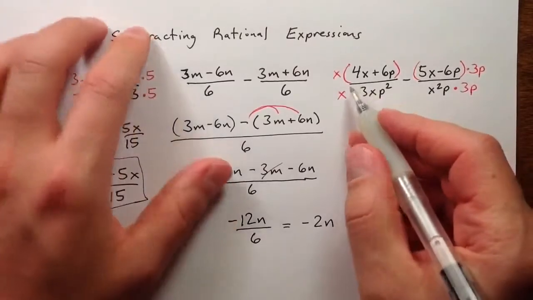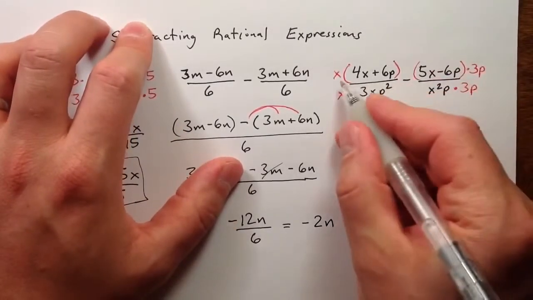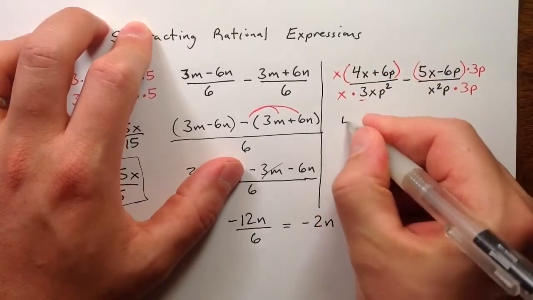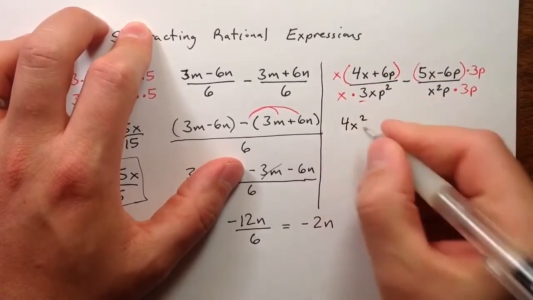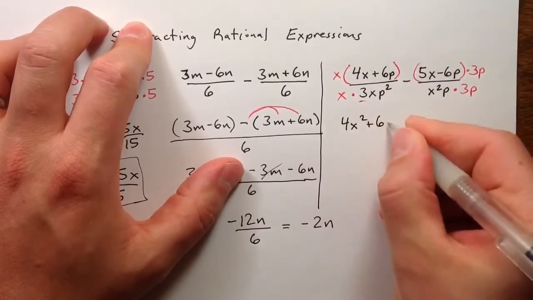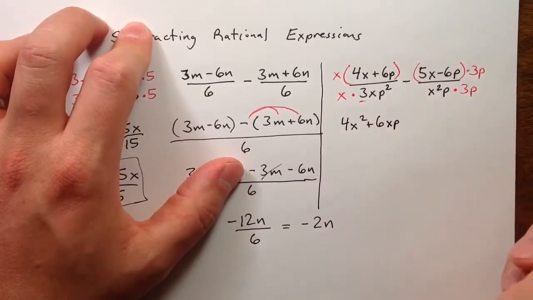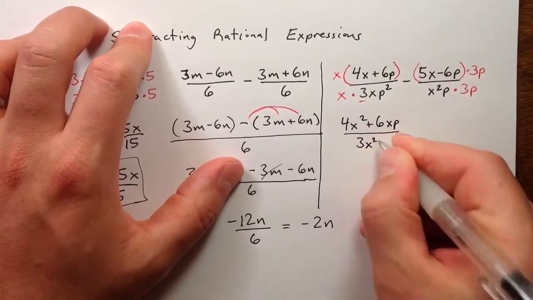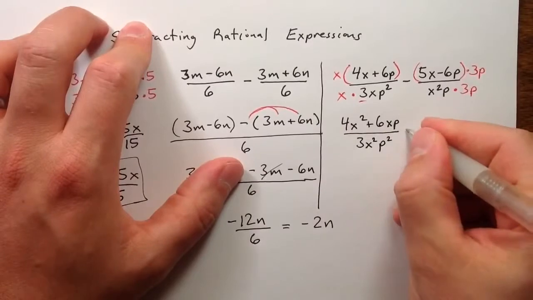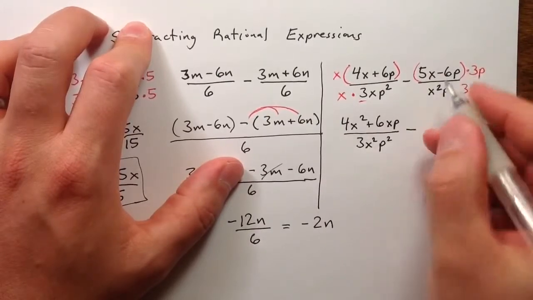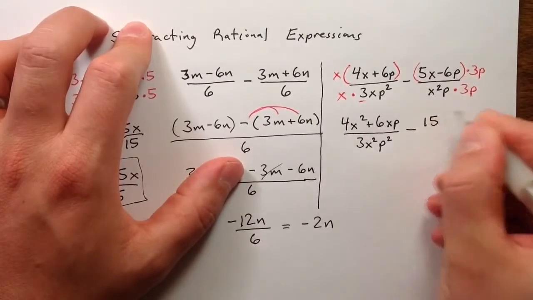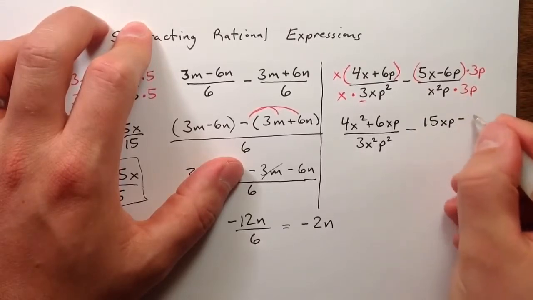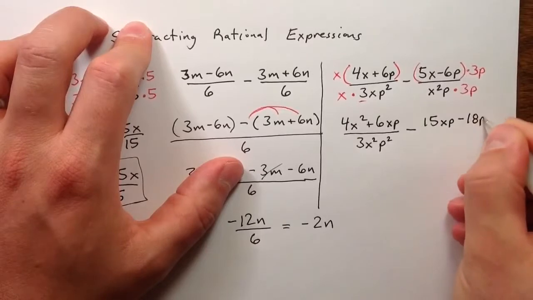So multiplying that across, I end up with x times 4x is 4x squared plus 6x times p, or p times x, over 3x squared p squared. And then the other one is going to be 15, 3 times 5, xp, minus 18p squared.